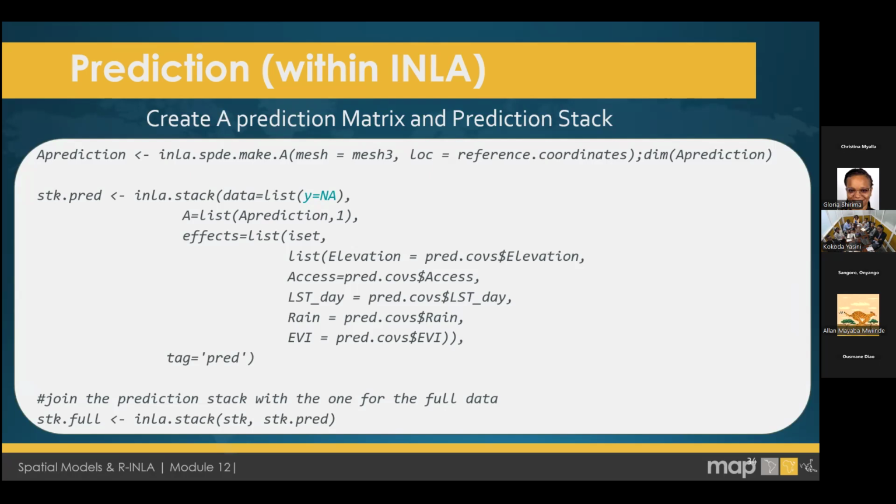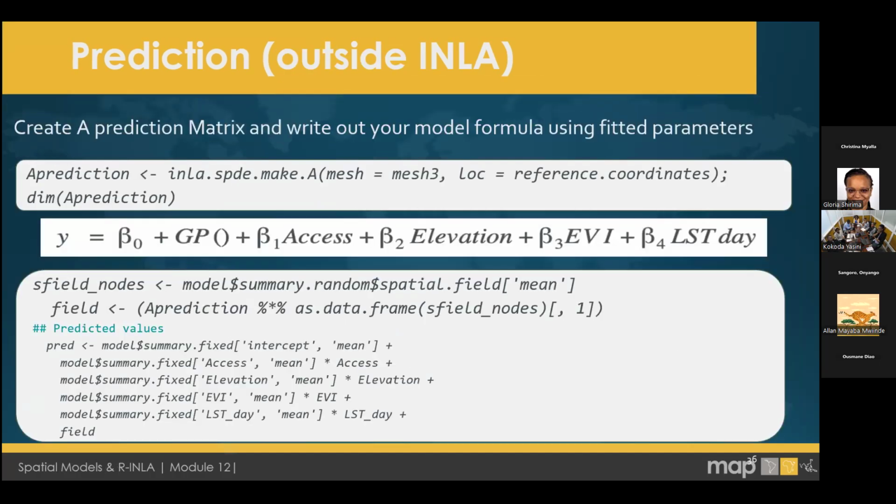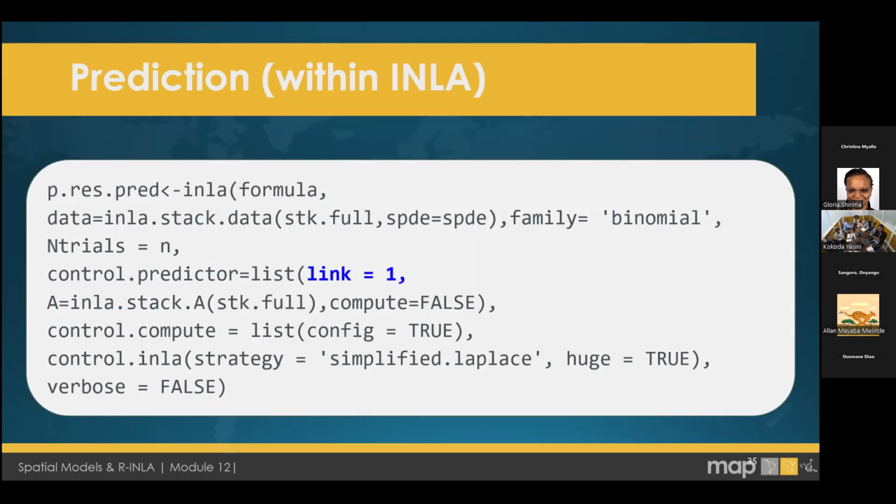For the fitting, you use real data, but for the prediction, you transform this part, and you get the covariance and the random effect. So that was prediction in INLA. Okay.